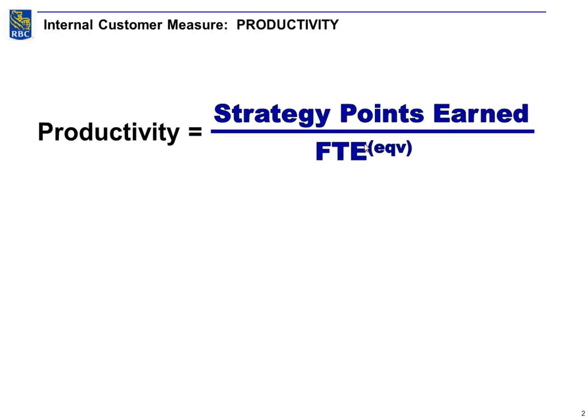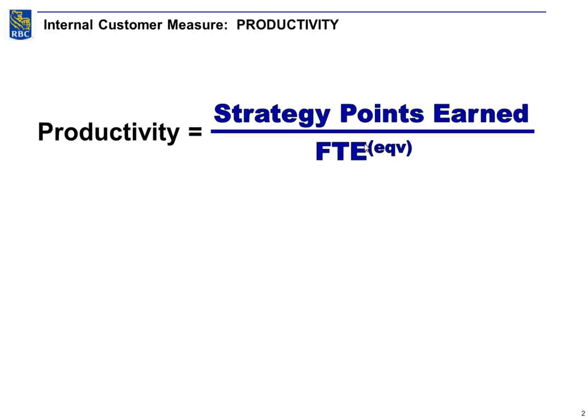A unit of measure of effort to improve that 25%er gives you better productivity than the same unit of measure applied to, say, a 5% objective. In other words, those strategy points have to do with how important they are to the organization. As the SLT changes priorities, our productivity shifts based on those new priorities.